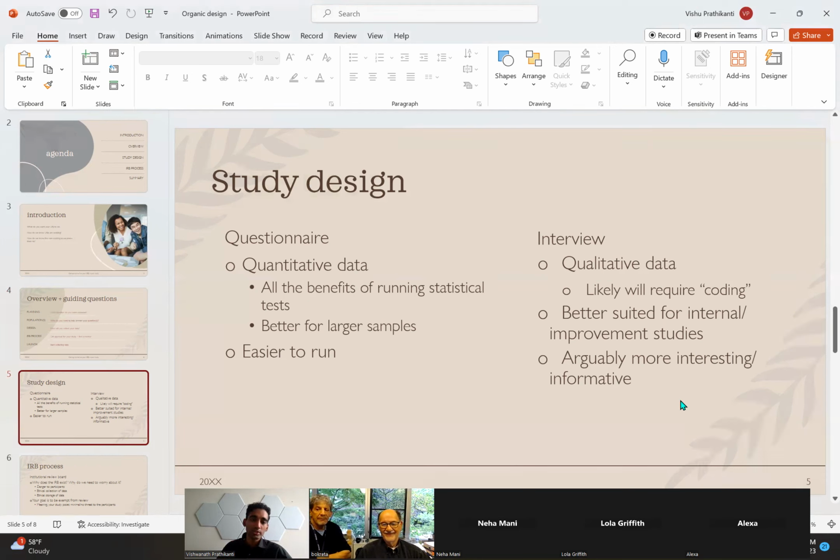Essentially, a questionnaire will always give you quantitative data, which means you can run statistical tests and make very easy figures. Whereas if you do a study through an interview, you're finding qualitative data and will likely require coding.